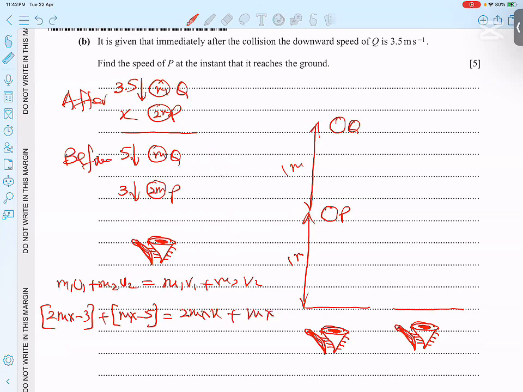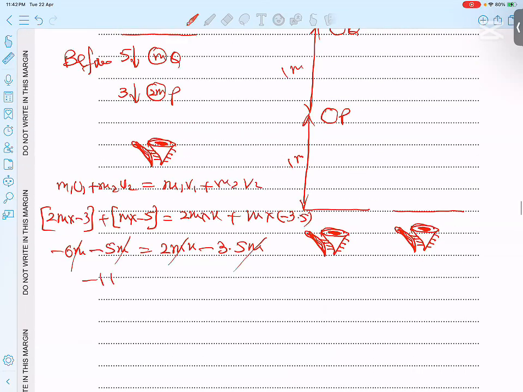So this is -6m, this is -5m, this is 2mx, and this is -3.5m. Mass cancels out, and I got -11 = 2x - 3.5. It goes there, and out of 11, subtract 3.5, and I got -7.5.